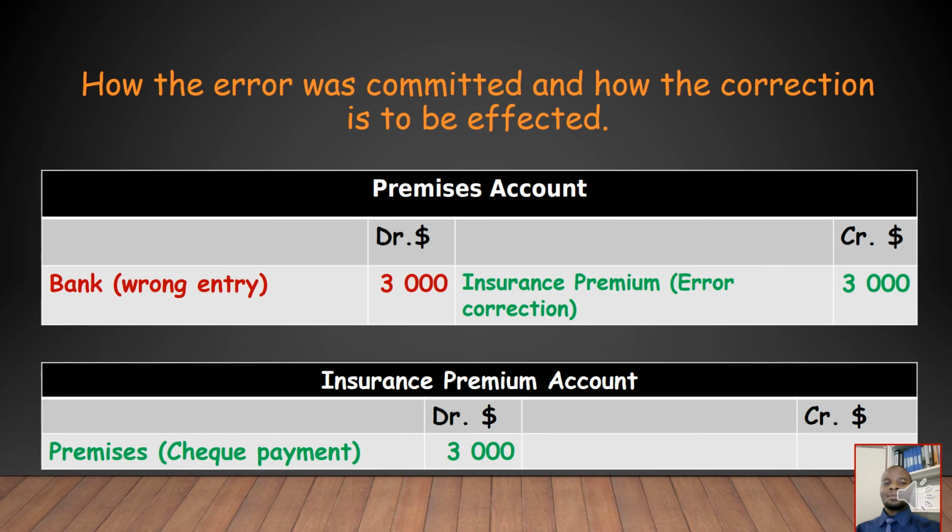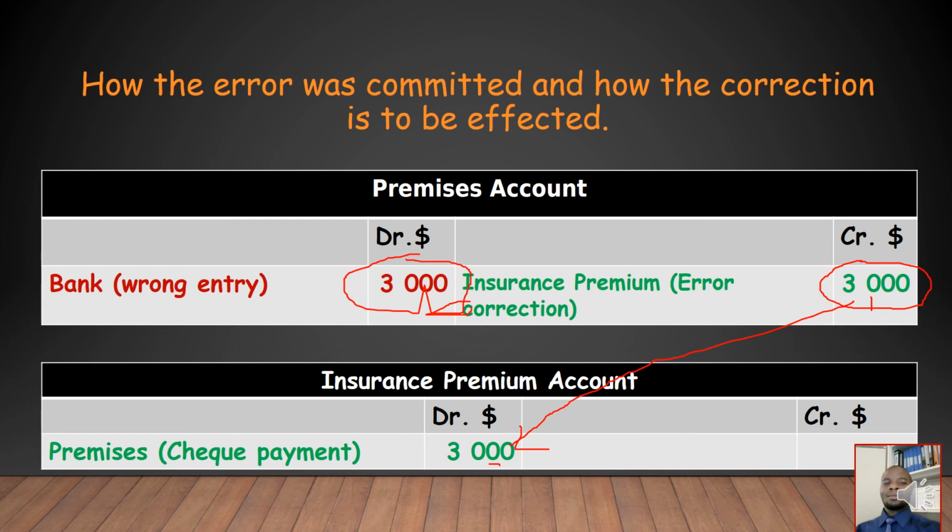So let's look at how the error was made. This entry was wrongly made in the premises account and it should have been in the insurance premium account. So we're going to make a credit entry to remove this error that was made in the first place and then complete the double entry by making a debit entry in the insurance premium account.